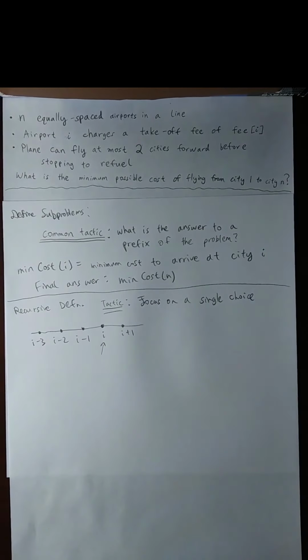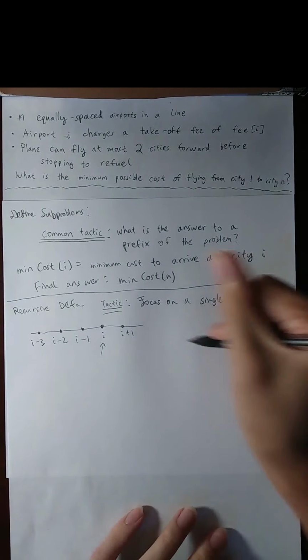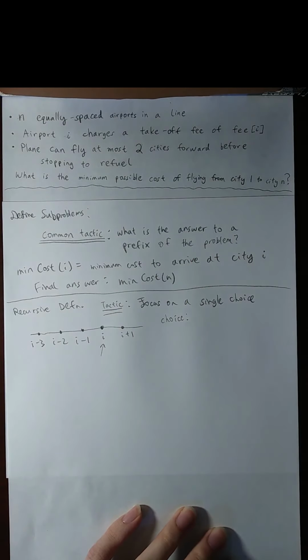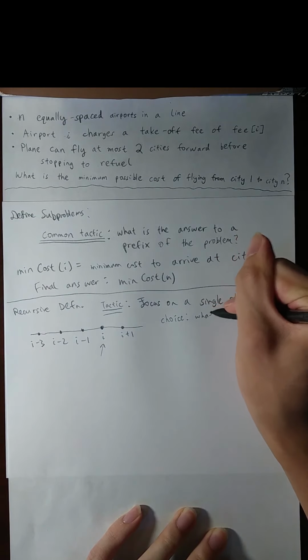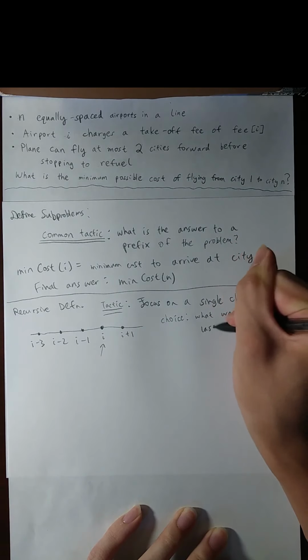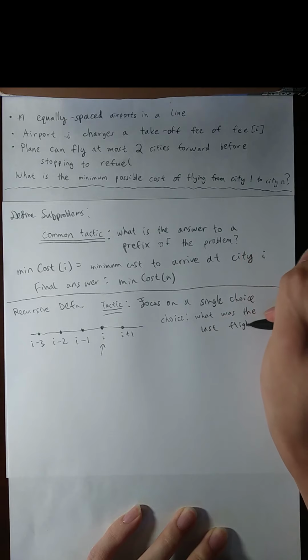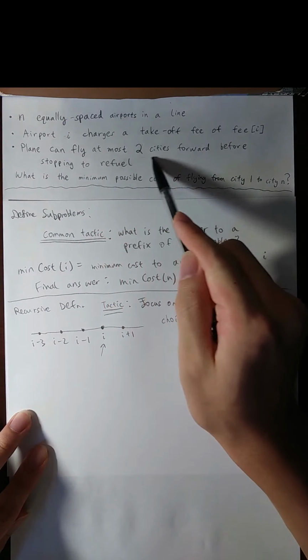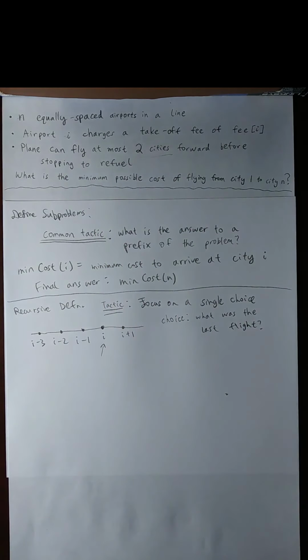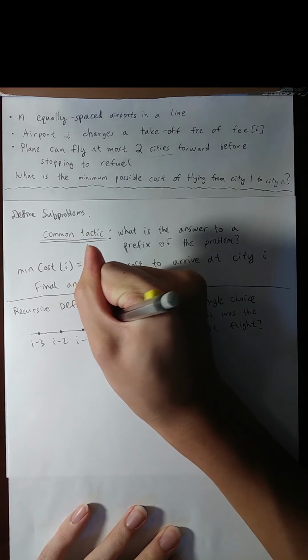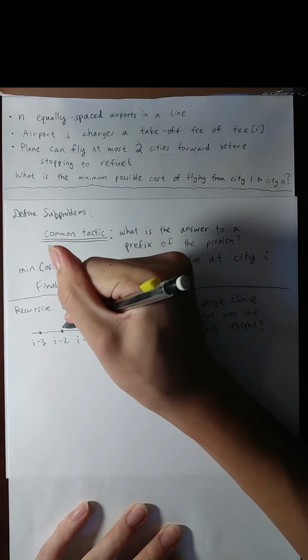And then, what's the choice that we're going to think about? Well, the choice can be, what was the last flight that we took in order to arrive at City i? And if we think about this, and we also factor in the restriction that the plane can fly forward at most 2 cities, then we'll see that the last flight either would have been flying from City i-1 to i, or from City i-2 to i.